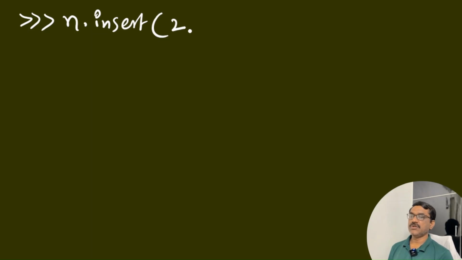Now, for example, assume I want to insert, n dot insert, at position 2. Instead of taking only one value, I'm going to write like this: y, z, here I'm writing y z like this.